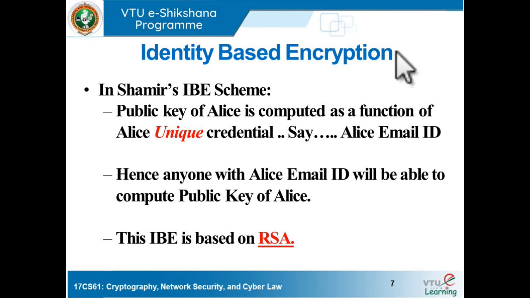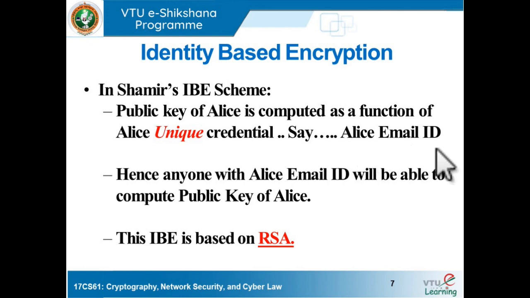Now in Shamir's identity based encryption scheme, let's say Alice wants a public key. Alice's public key can be computed by the certificate authority or any centralized authority, just by Alice providing her email ID.